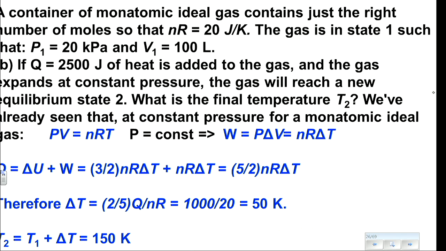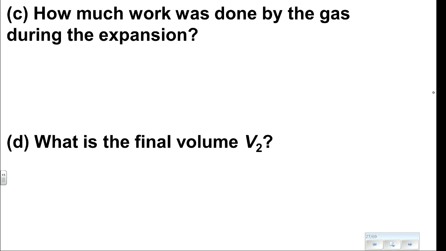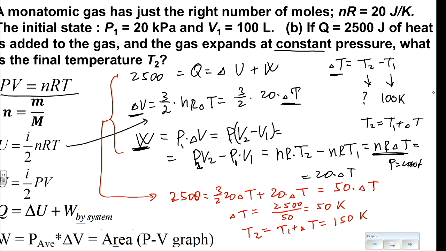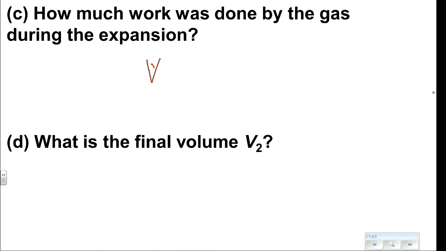All right, so the calculation and how much work was done. Well, we actually kind of did it already. The work will be equal to 20 times delta T, right? Which is 20 times 50, 1,000 joules. Final volume.